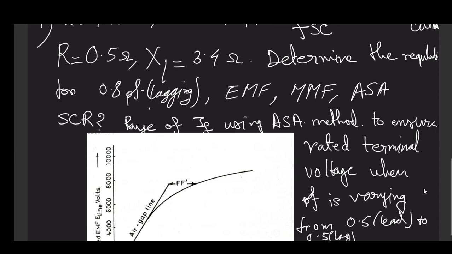Now here we have to figure out the range of field current using ASA method to ensure rated terminal voltage. Whatever voltage specification is given, say 300 volt or 3000 volt, we have to maintain that terminal voltage. The load current magnitude will not vary, it will be the full load current, but load power factor will vary from 0.5 lead to 0.5 lag.